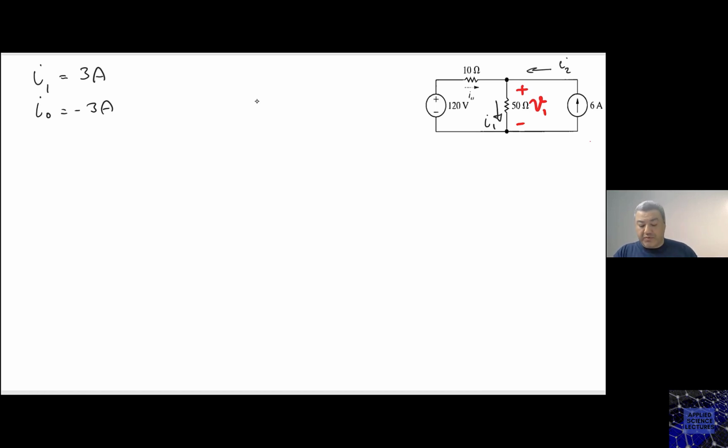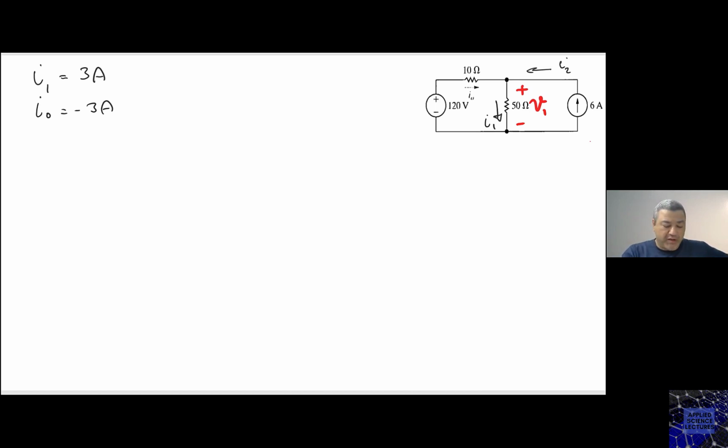Second loop. Okay, so your question is, why didn't we create two loops for this problem? The second loop would have just been 50 I2 equals 0.